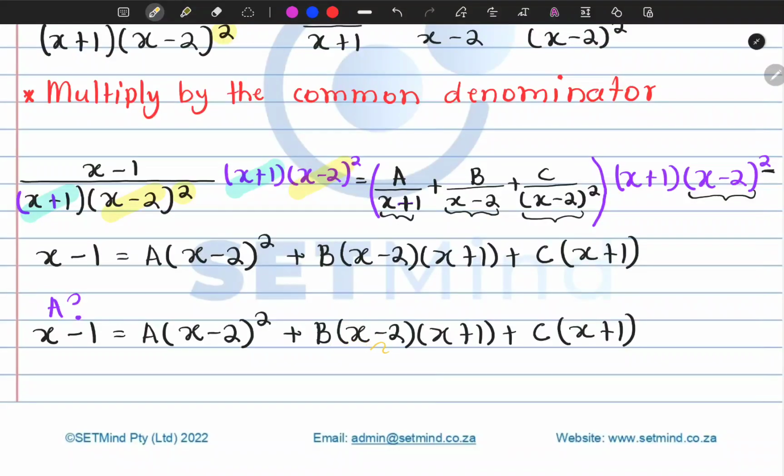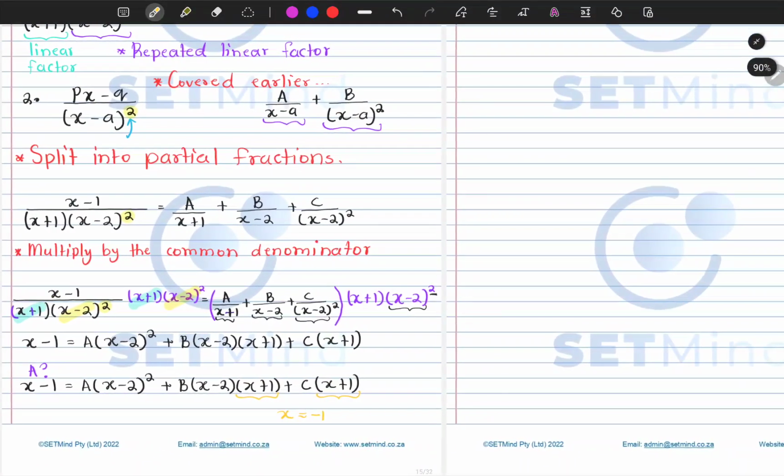If I set x is negative 1, that will be 0, and that will be 0. So if we just set x is minus 1, it will take out the b and also the c.